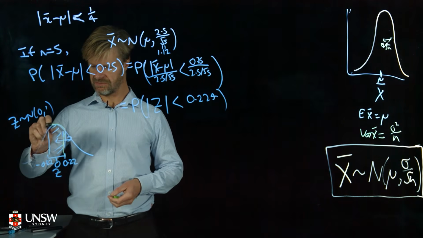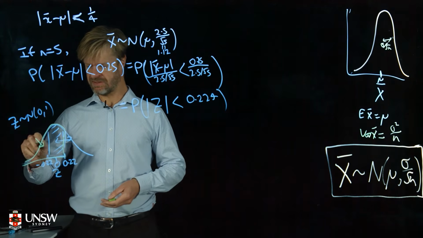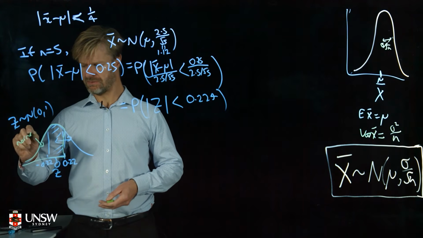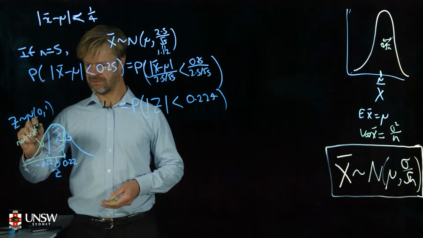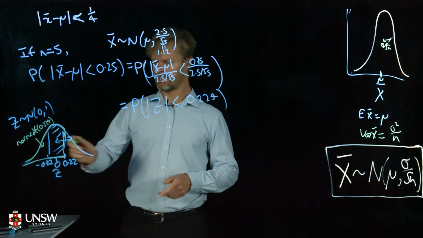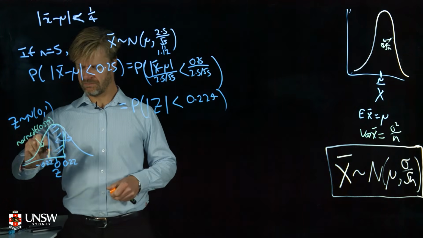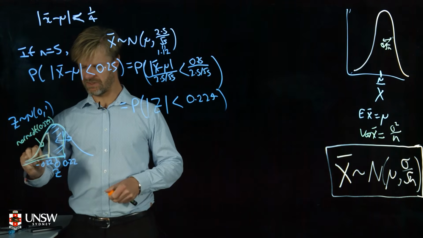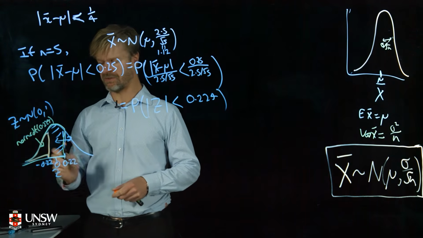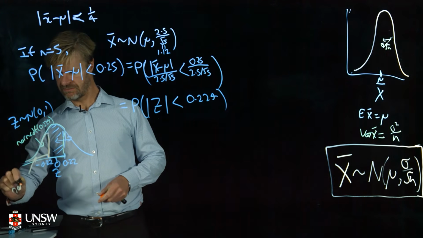So that there is normcdf of 0.224, and I want to subtract off this one. If I take the green area minus the orange area, that'll give me my answer.